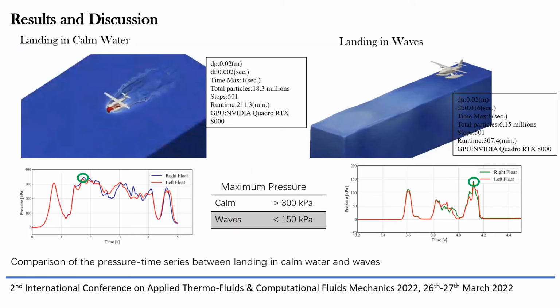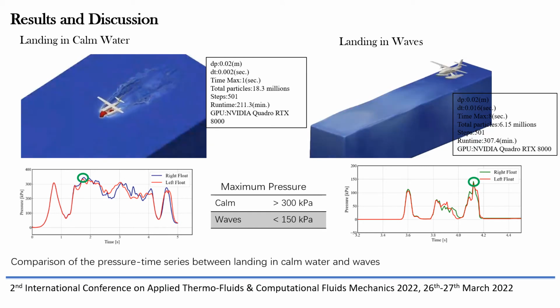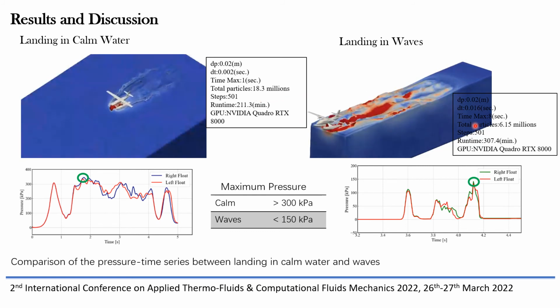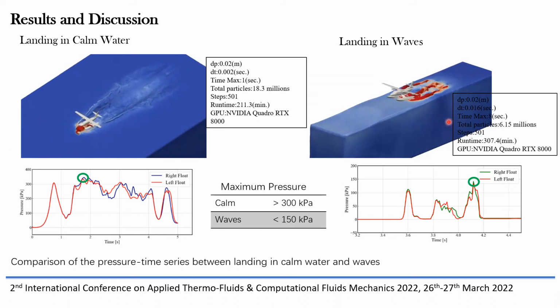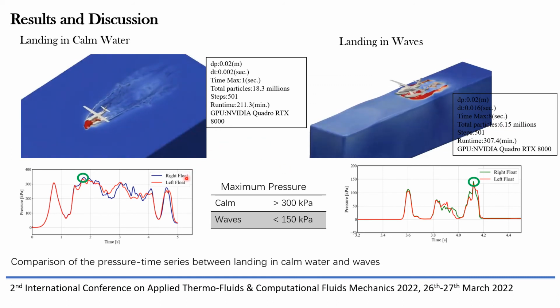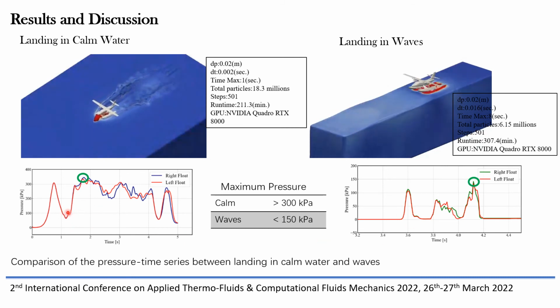Okay, next, this is the landing in calm water and landing in waves. It is the animation view, and the simulation specification is a particle distance of 0.02, and the total particles are 18 million in calm water and 6 million in the wave landing. And the graph looks like this in calm water.